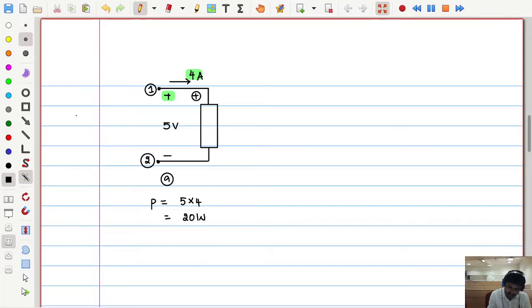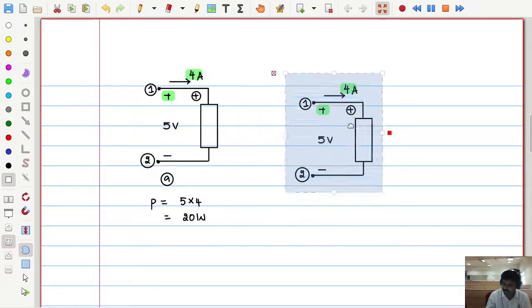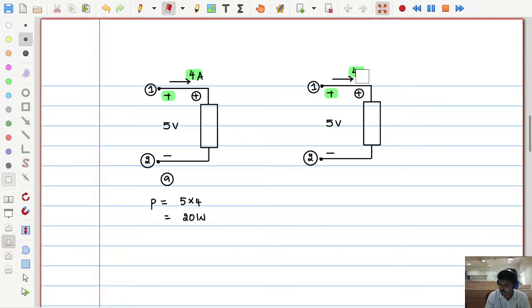Similarly, let me take this same diagram and make a small change. If the current is like this, this is the next case. Now the power is minus 20. You can interpret this in many ways.